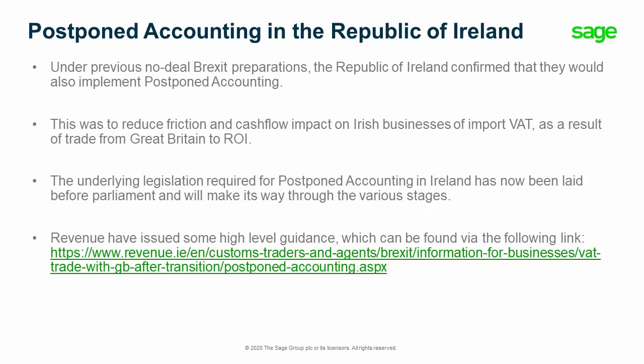The underlying legislation required for postponed accounting in Ireland has now been laid before Parliament and will make its way through the various stages. Revenue have issued some high-level guidance, which hopefully provides some reassurance that it is coming and will be in place for the 1st of January, along with the required changes to the VAT3 and RTD forms. You can find that guidance using the link you can see on screen.